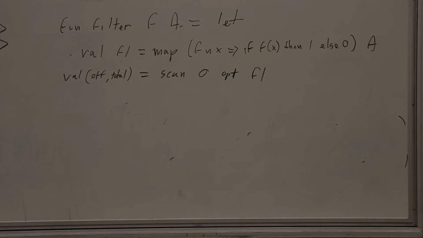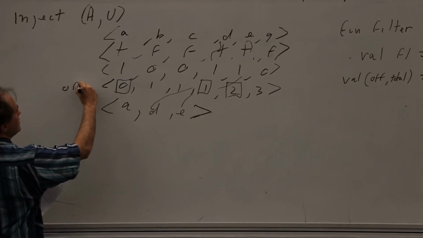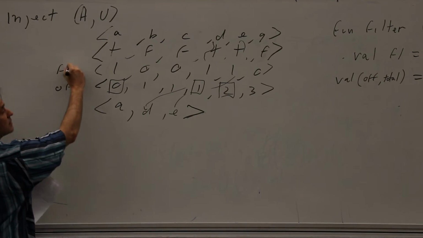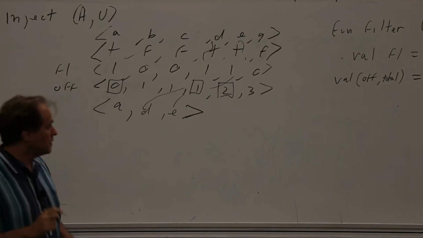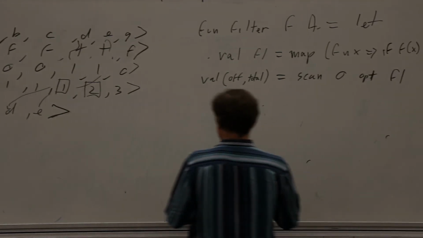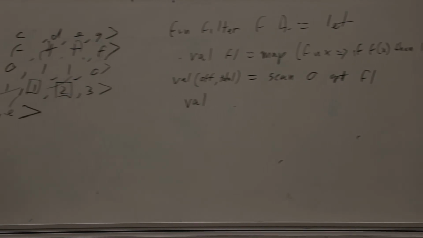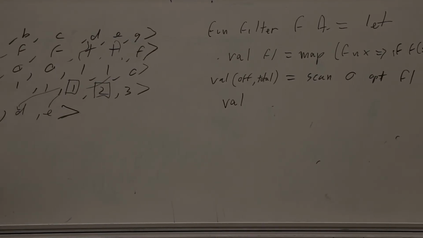So now I've got this. This is basically my offsets here. This is my flags. And then I want to generate my input, my U's here. So I have to basically pair things up.